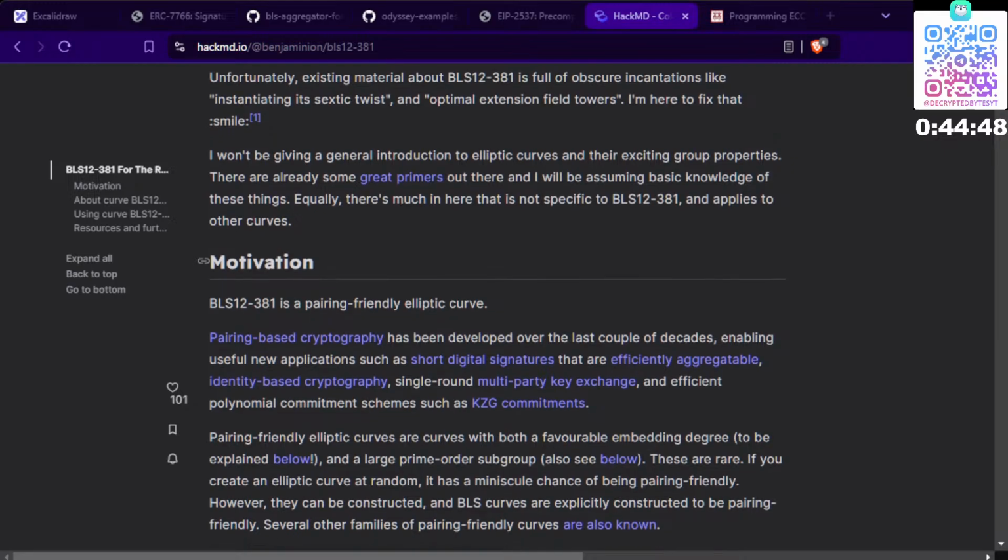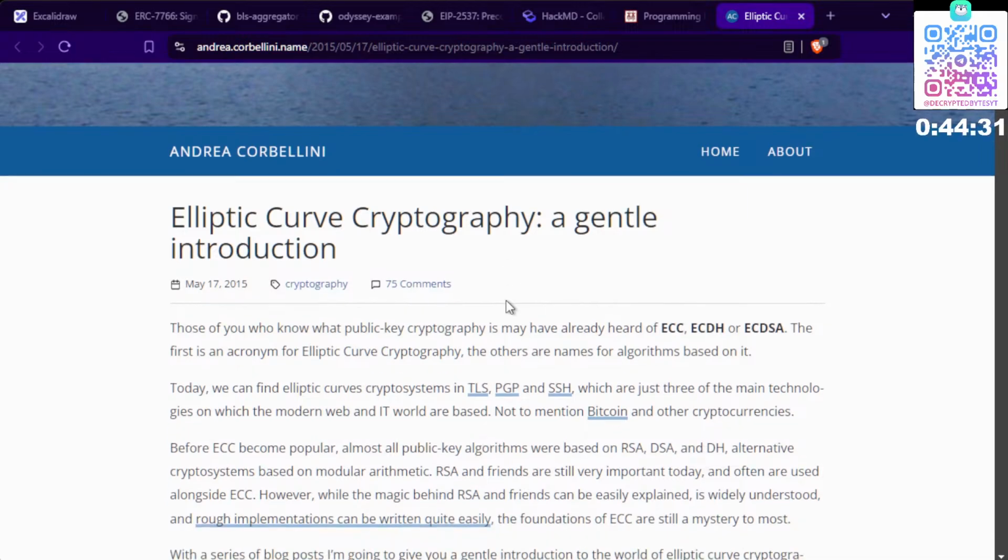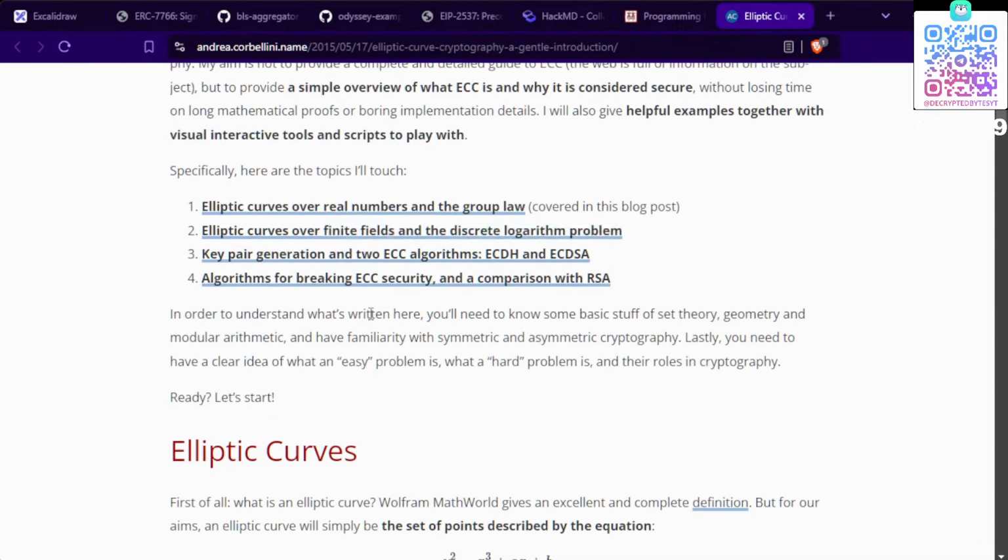I won't give a general introduction to elliptical curves and their exciting group properties. There are already some great primers. We should read this. Gentle introduction, that's cool. Covered in this. Next. Okay. So I think we can do this also.